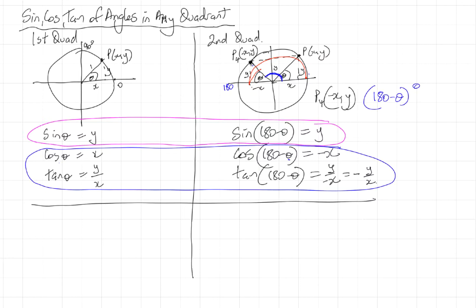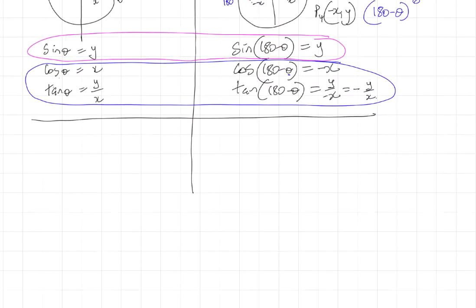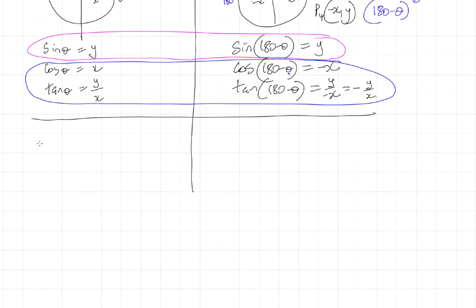Let's look at what happens when we move into the third quadrant. So here's my P in the first quadrant, same as up above there, x, y, theta.